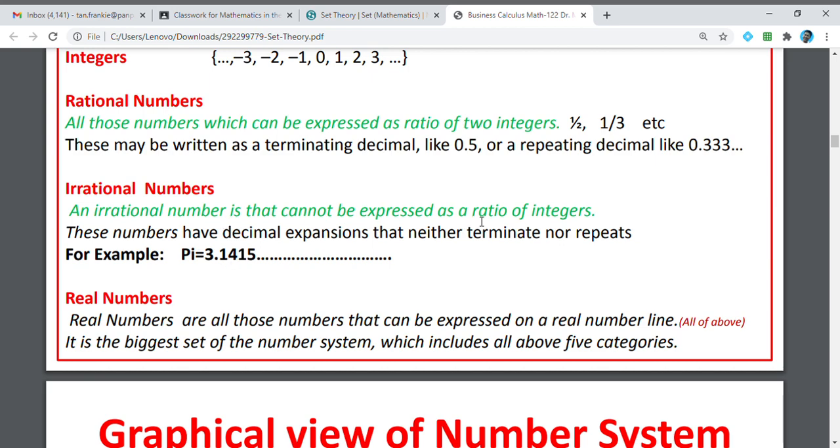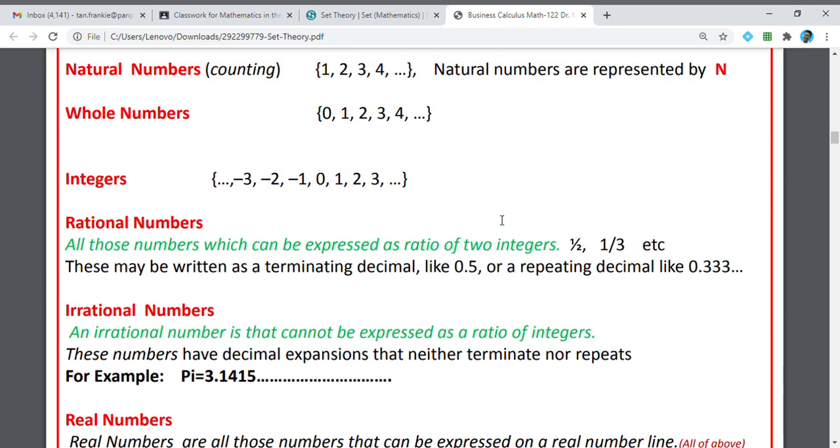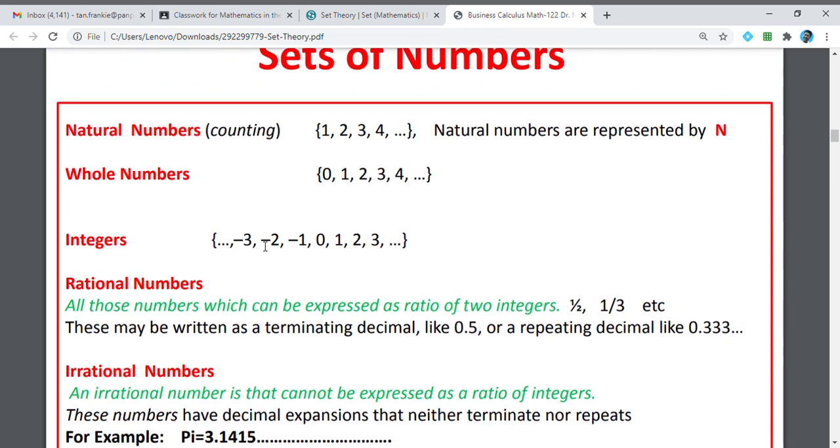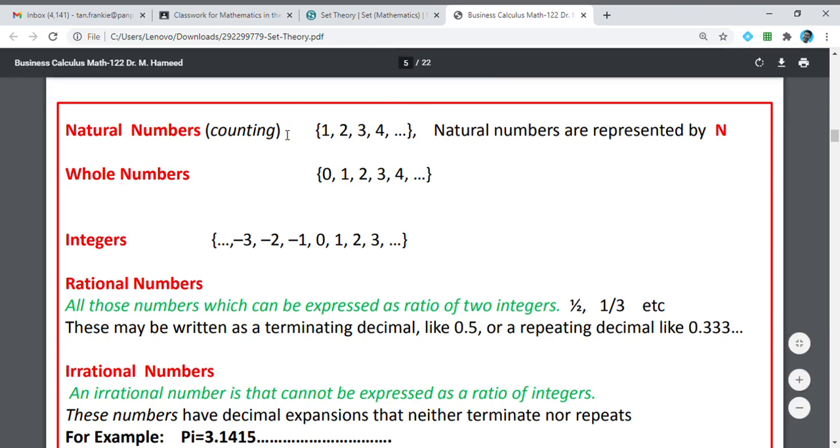Because when we talk about a ratio of integers, integers could be negative and positive, but they must be whole numbers. 3.1415 is not an integer. Always remember that. 1.5 is not an integer, but it is a positive number. An integer, as defined from the meaning, is the set of whole numbers and the opposite.